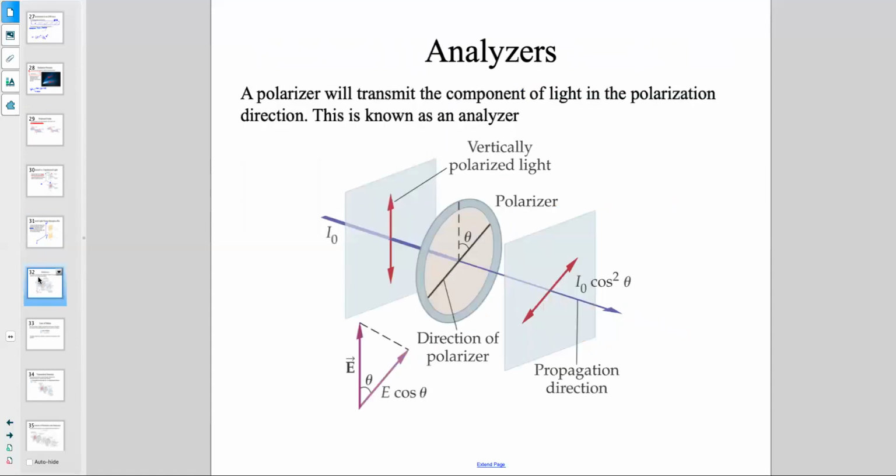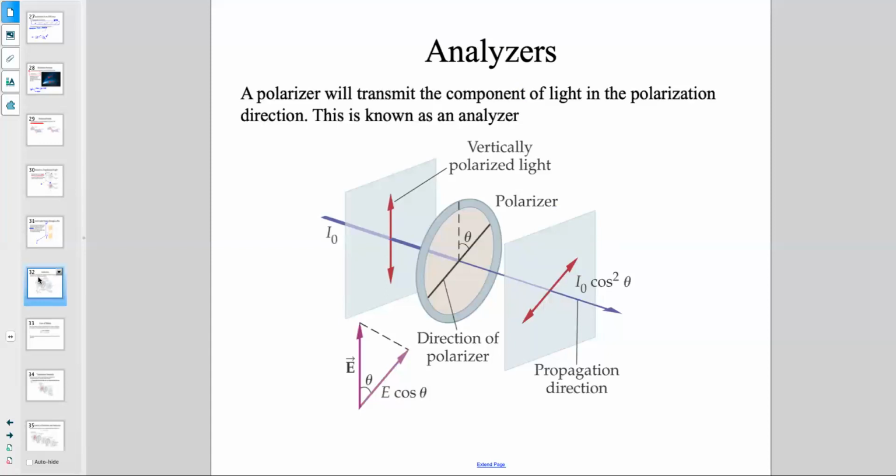So this is acting as a filter for me. It doesn't let anything go through if it's pointing in this direction. Now, we have something called an analyzer, which lets the polarized light go through, but rotates the direction of the oscillations of the electric field. Let's take a look.